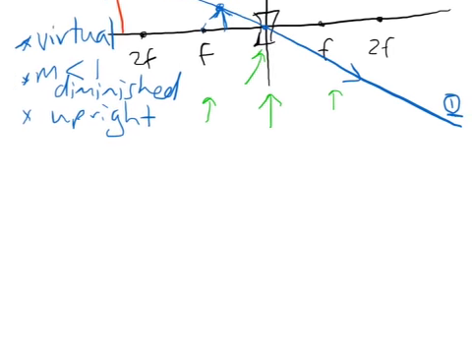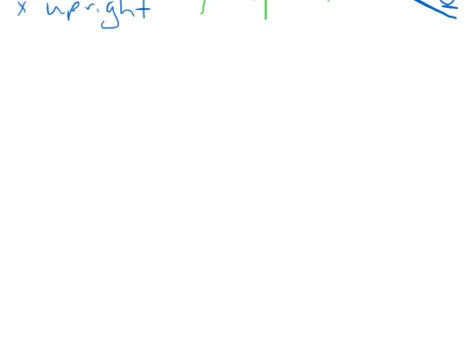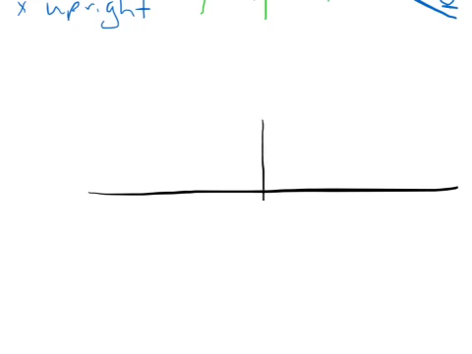Okay, so the convex lens now. We'll redraw our axes a little bit better than the last one, our convex lens or our biconvex lens, and we have to draw our focal points, roughly twice the distance, and I'm estimating these, but you should measure them if you have to draw anything accurately.